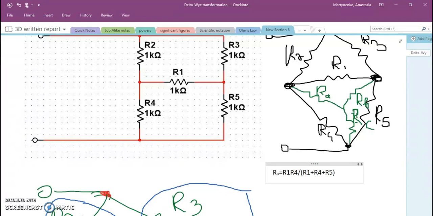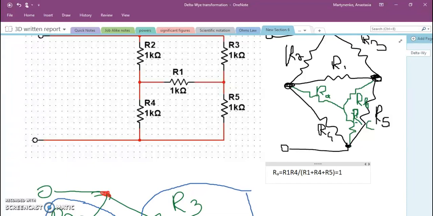Okay, let's plug it in. Everything is 1K. That's going to be a nasty calculation. I should have chosen an easier number, right? So I have, well, 1K times 1K is 10 to the 3 times 10 to the 3. That's 1 meg, right?